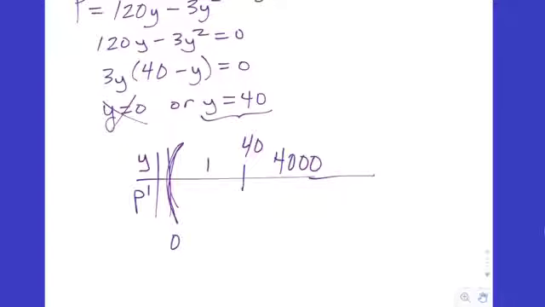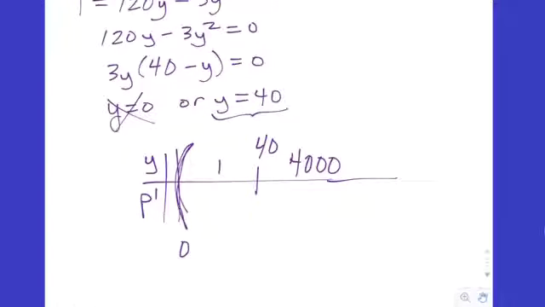Okay? There we go. Now, we're going to plug it into the full-fledged factored version of P prime. If you plug in a 1, you get a positive times a positive, which is positive. If you plug in a 4,000, you get positive times negative, which is negative. Now, are there any other critical values for this function ever again?